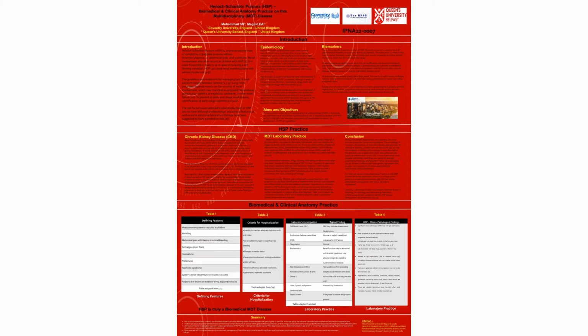Generally, from a hematological point of view, both hemolytic uremic syndrome and Henoch-Schonlein Purpura fall under the category where there is microangiopathy, so thinning of the blood vessels, and also there can be thrombocytopenia, but also thrombocytosis as well.